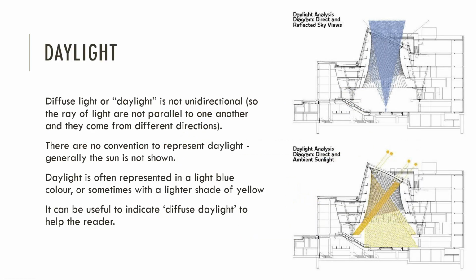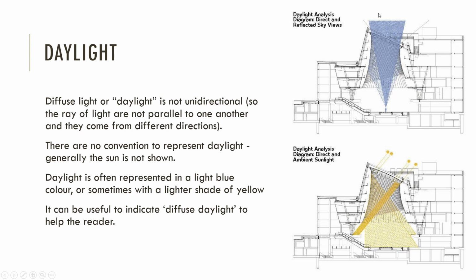Daylight is normally considered separately to sunlight. It's indirect light. Daylight comes from all directions, whereas sunlight is going to be represented as coming from the south. Daylight is reflected light.